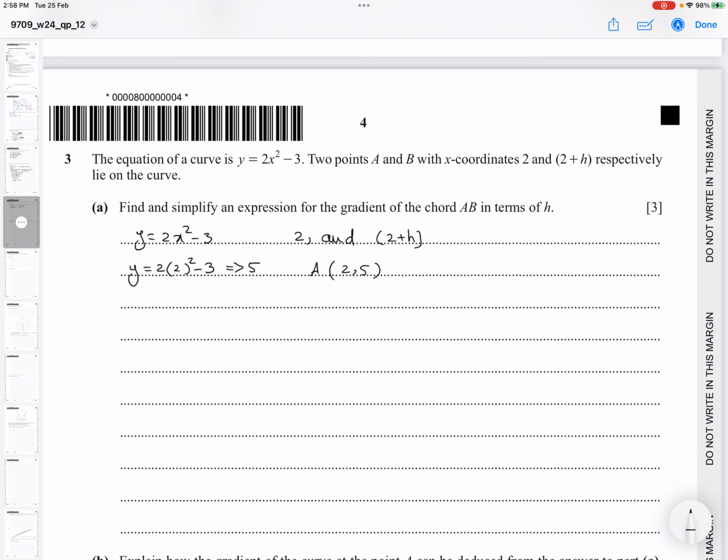Now work for B. So again use the equation and put 2 plus h in x. So it becomes 2 times 2 plus h whole squared minus 3. If you simplify this, you will get y equals 2 times 4 plus 4h plus h squared minus 3.